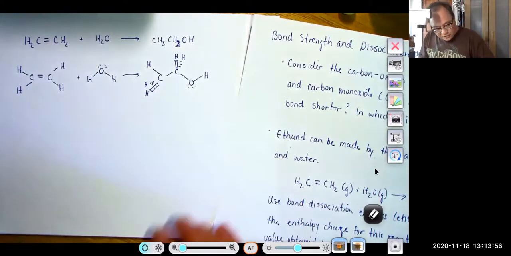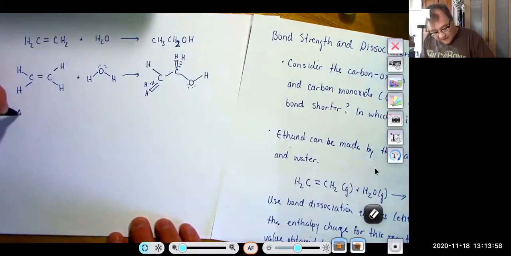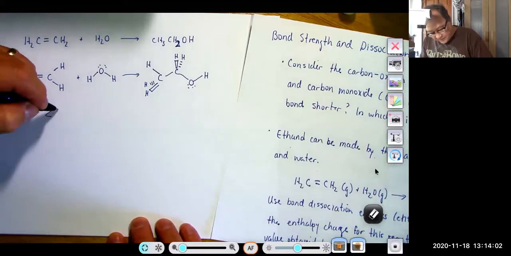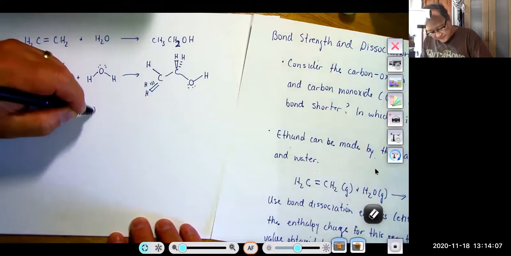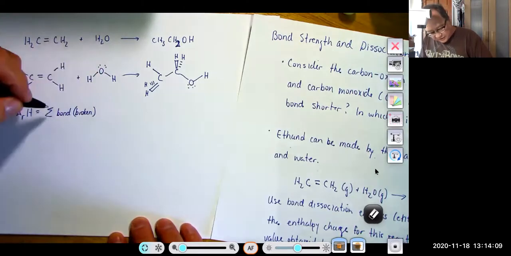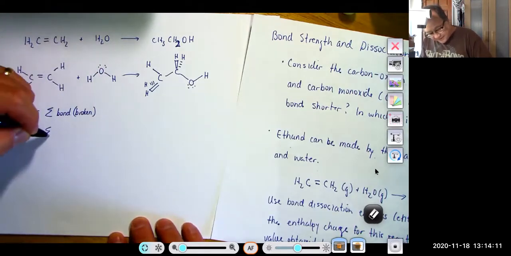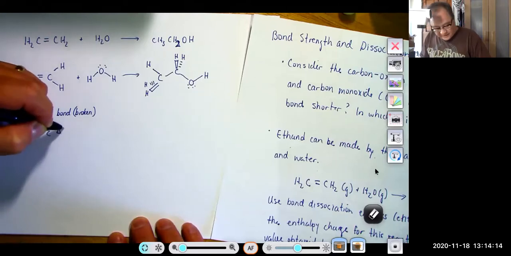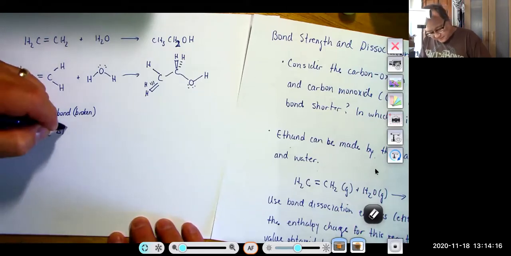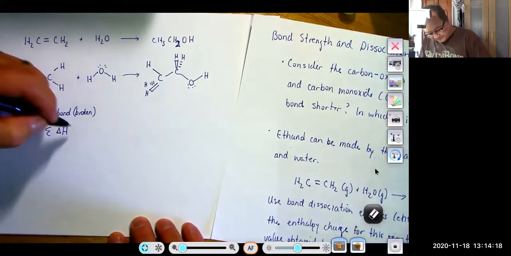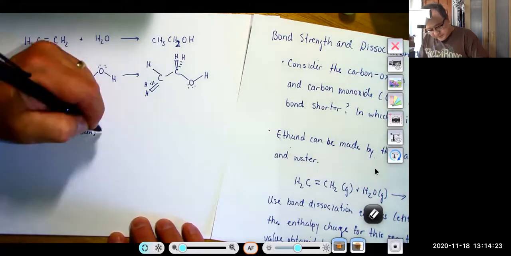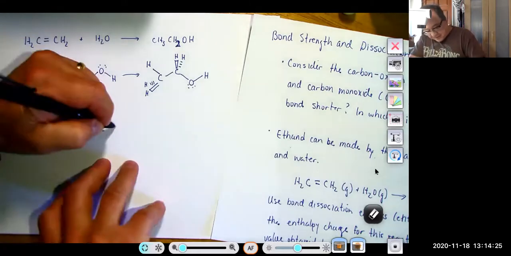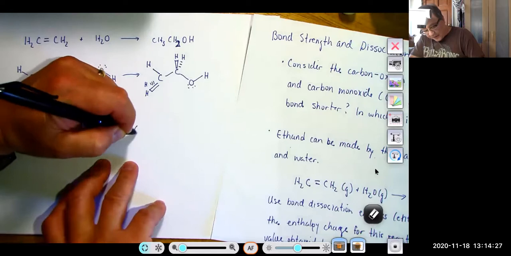Okay, to do this problem, the heat of reaction is equal to the sum of the enthalpy of bond breaking minus the sum of the enthalpies for those that are formed.